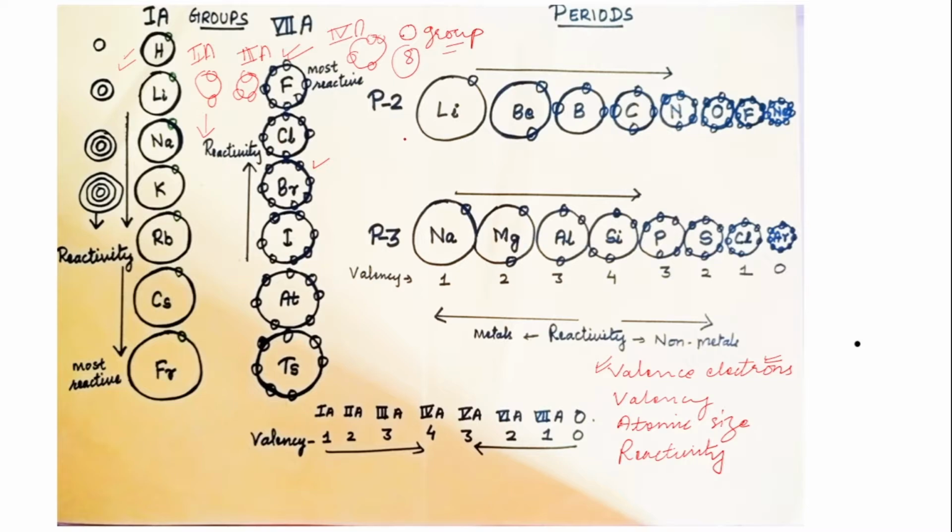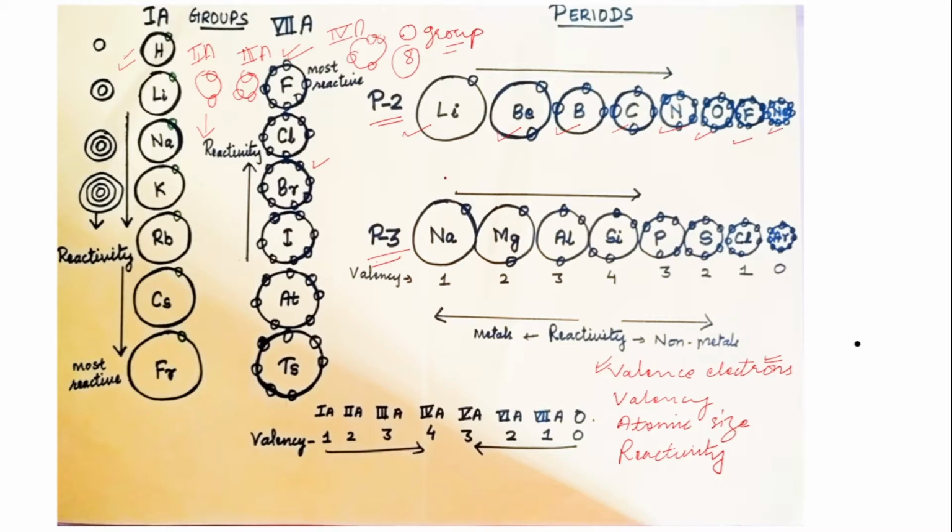And what about in case of period? We'll see here. So in this figure, period 2 and period 3 are shown. Period 2 elements are shown, period 3 elements are shown. Okay, only 2 periods are shown in the figure. Period 2 you see lithium 1 electron, beryllium 2 valence electrons, boron 3, carbon 4, nitrogen 5, oxygen 6, fluorine 7 and neon 8.